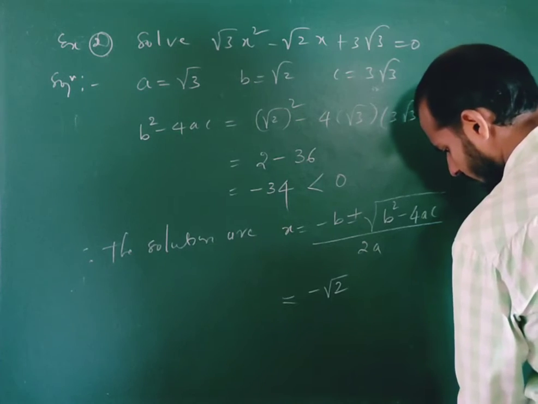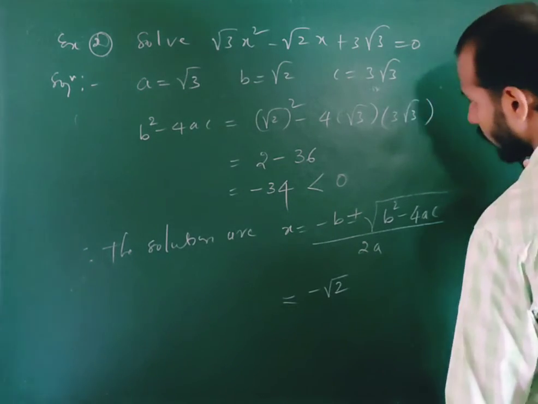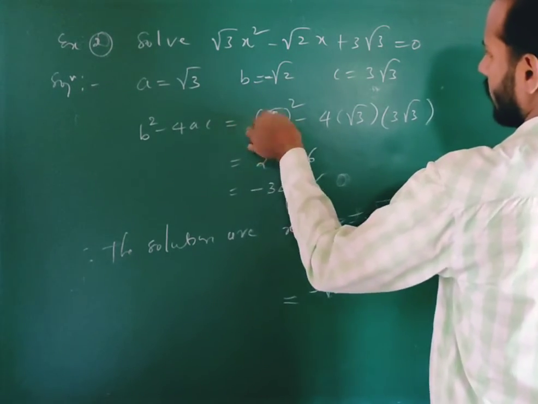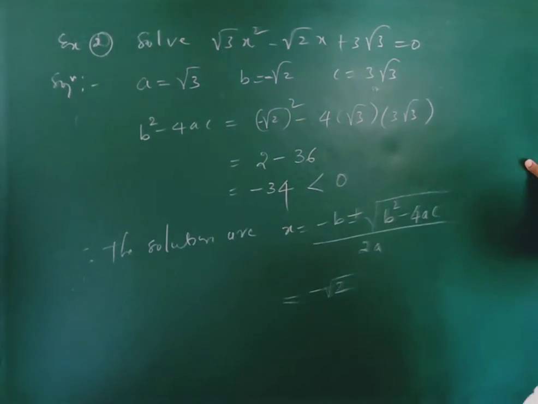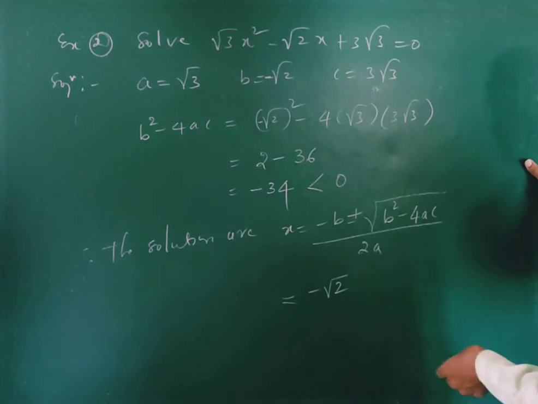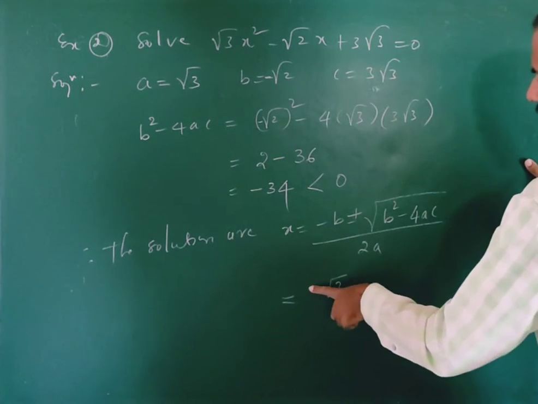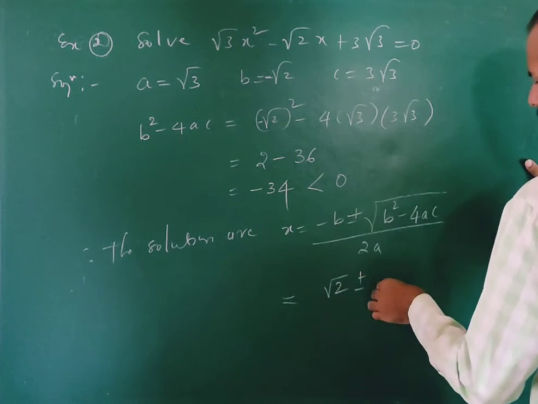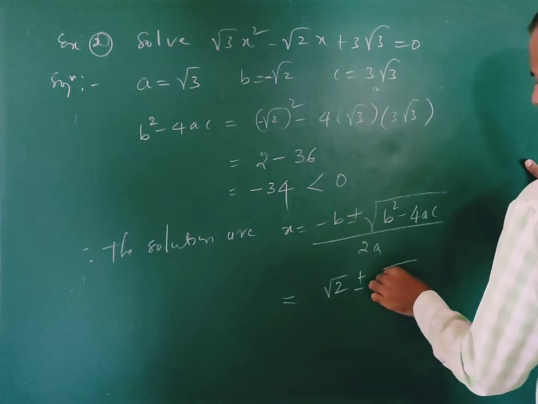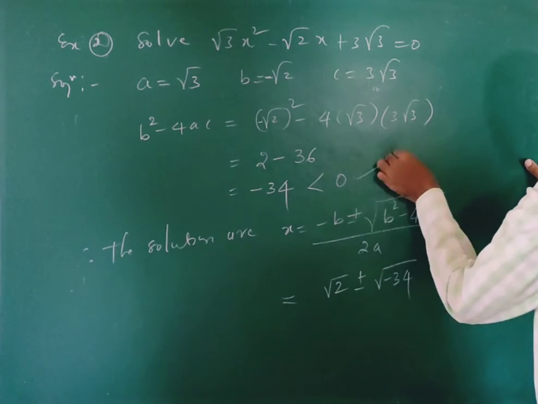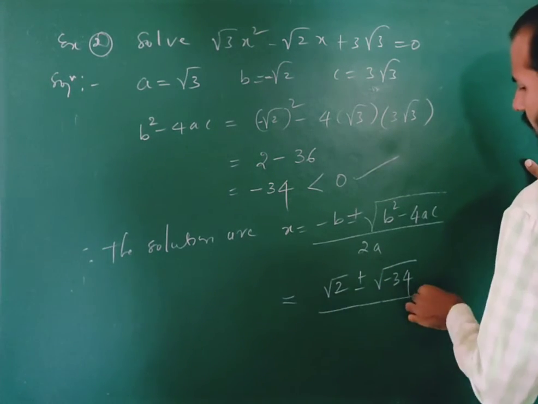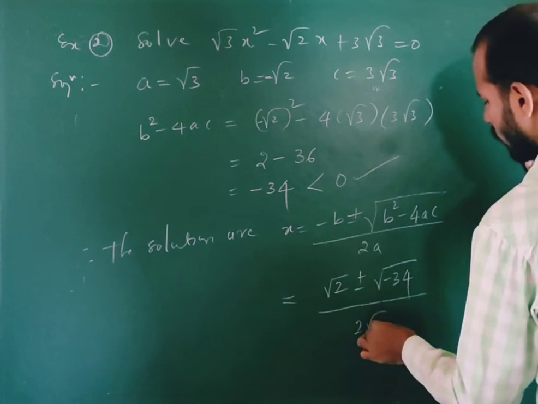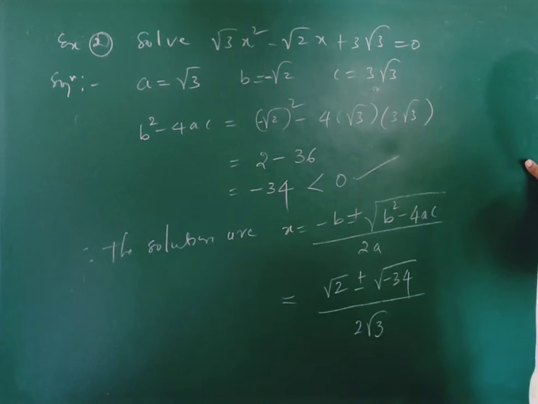The value of b is minus root 2, right? Minus is there, therefore minus minus, that doesn't matter. Minus whole square means again it is plus only. Similarly here, minus minus plus root 2 plus or minus under root of what? Minus 34, already we have the value here, divided by 2a, means value of a is root 3, that is 2 root 3.